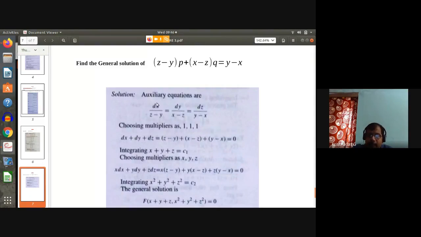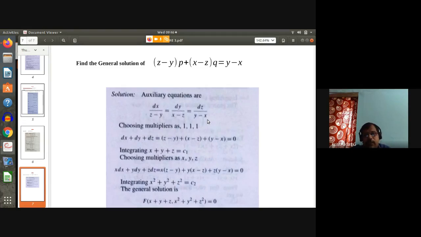Each of these ratios is equal to dx plus dy plus dz divided by, because of the componendo-dividendo rule: if we make a scalar multiplication in the numerator, we apply the same on the denominator. If we make any addition or subtraction on the numerator, we make the same on the denominator. So dx plus dy plus dz divided by z minus y plus x minus z plus y minus x.